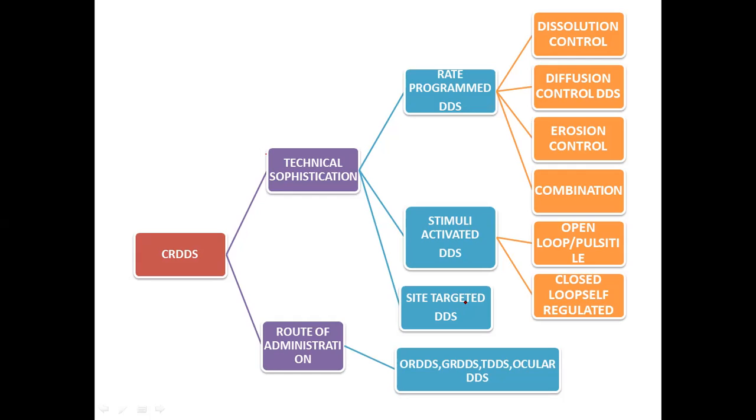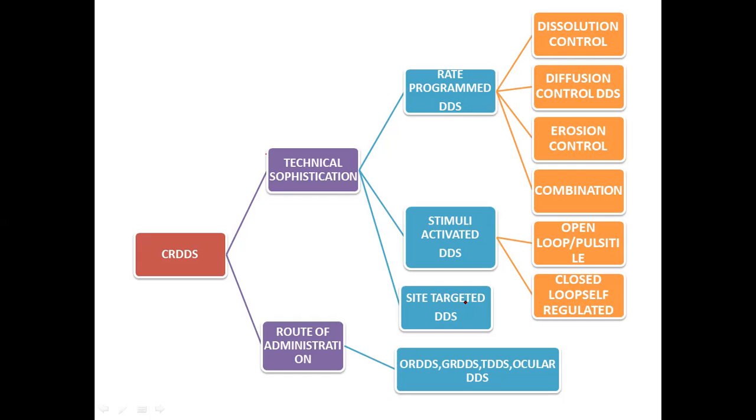And third order targeting refers to deliveries where drugs interact intracellularly. The site specific or site targeted drug delivery systems are also characterized on the basis of their transport system, by passive targeting or active targeting.